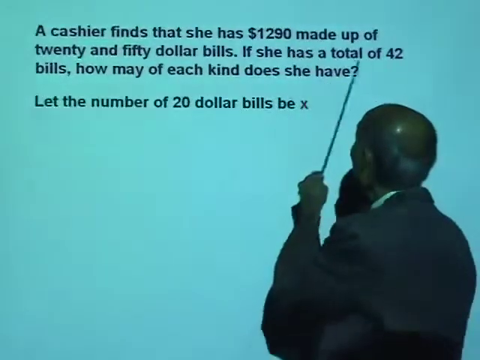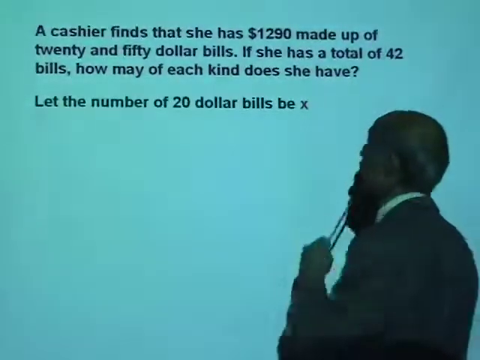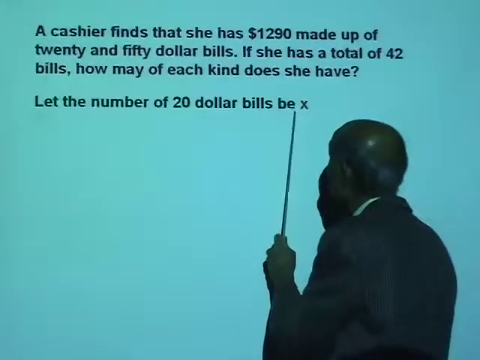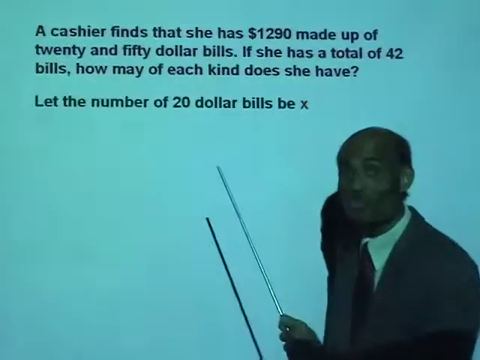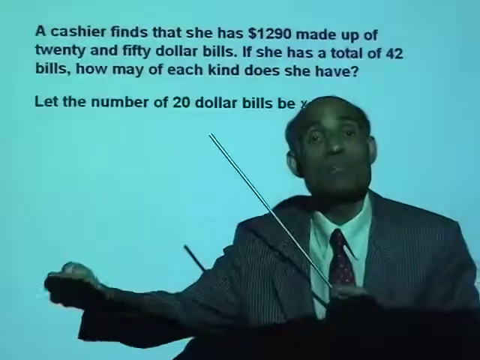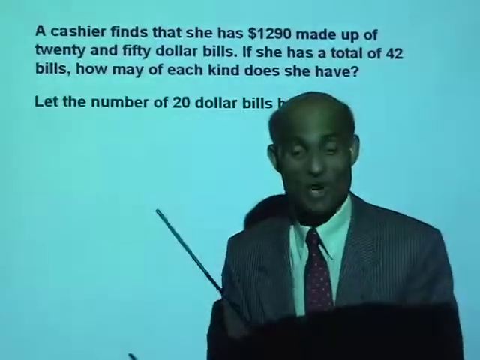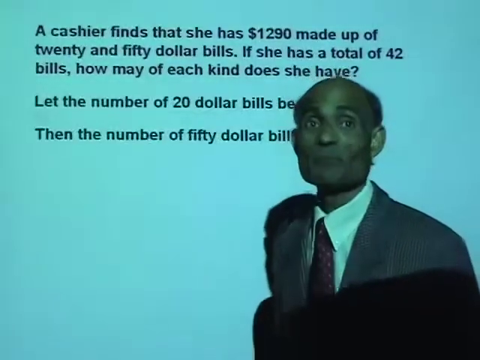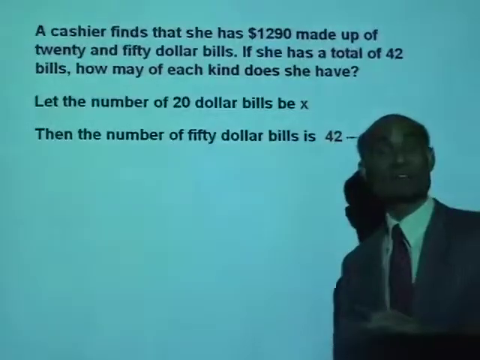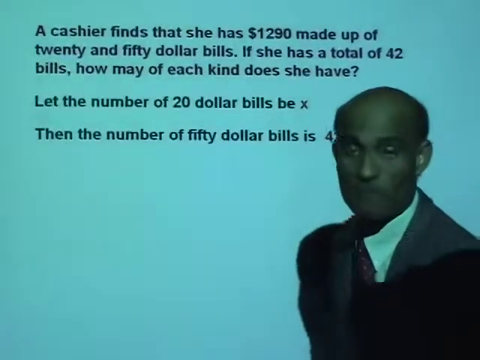The total number of bills is 42. So from 42, if you take away the number of $20 bills, which is x, then the remaining will be the $50 bills. The $50 bills will be 42 minus x. I hope you understand that.